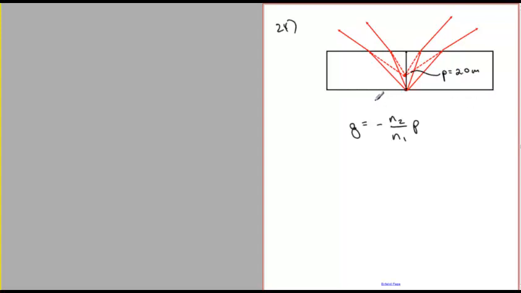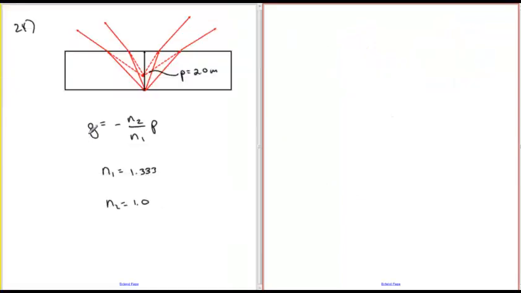And since we're dealing with air and water, N1, if you look at the figure, is the index of refraction of the material, which is water. So I actually have to go back to chapter 22 and look up the index of refraction of water, which I think is 1.33. The index of refraction of water is 1.333, so N1 is 1.333, and N2 is air, which we just round off to 1.0.